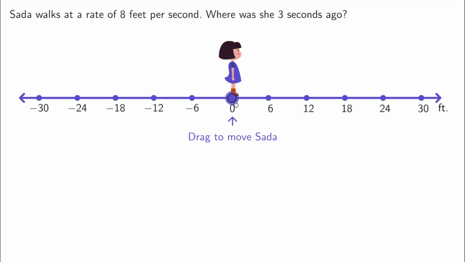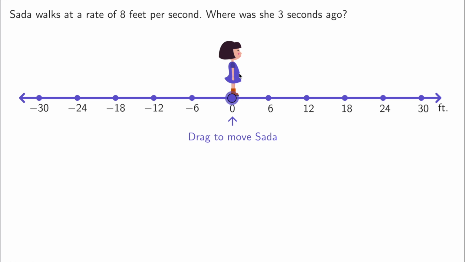Now she is walking at a rate of 8 feet per second, and in 3 seconds, she will reach 0. So 3 seconds before, she must be at 8 into 3, that is 24. But it will be minus 3 seconds, because we are talking about a time which has already passed.